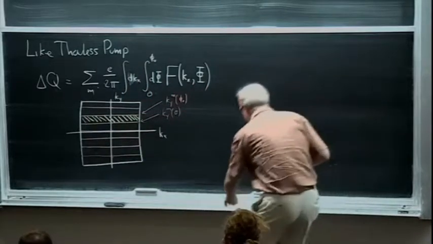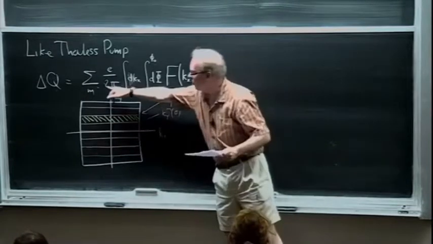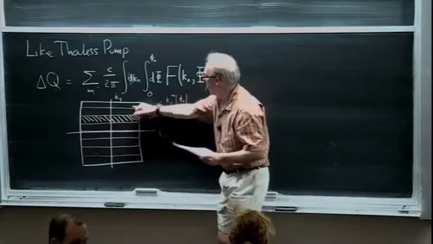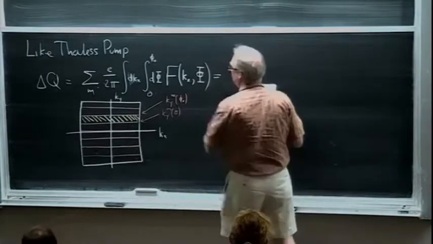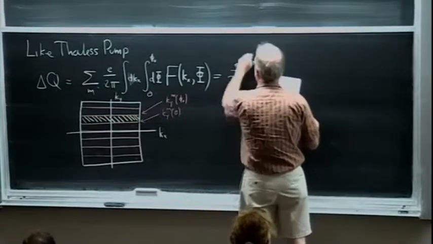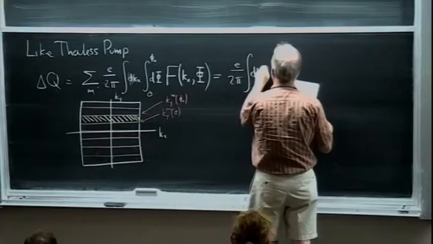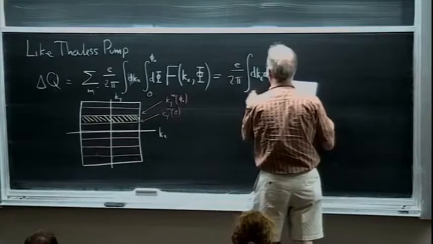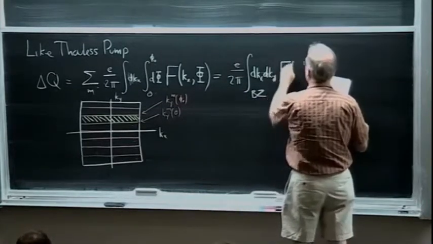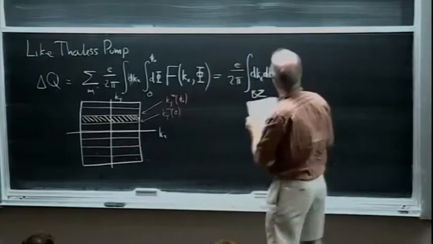Hopefully what you can see is that after I do the sum, I basically added up all of these, and so what I end up with is e over 2 pi times an integral over Kx and Ky, now over the whole Brillouin zone, of the Berry curvature, which I can now interpret as a function of Kx and Ky.